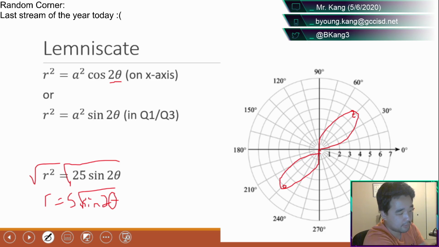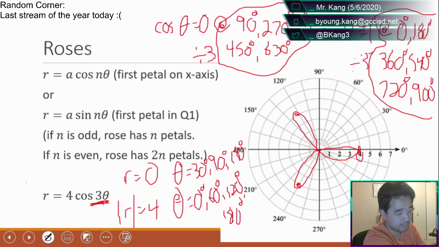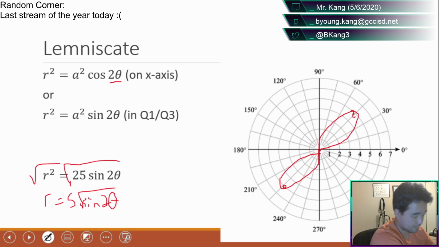You could technically do all the math you did with the rows to figure out where the thetas are, but even though we're square rooting, sine of 2 theta is going to hit its maximum at 90 degrees, and then 450 degrees.